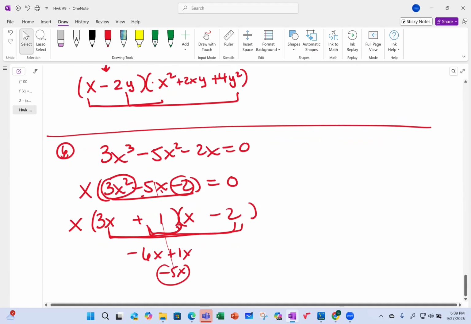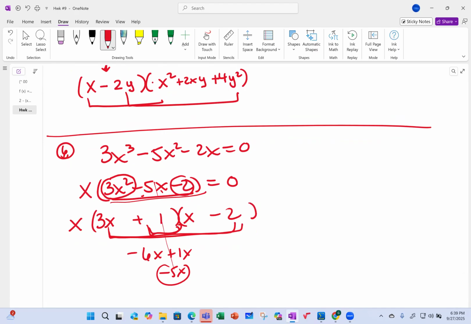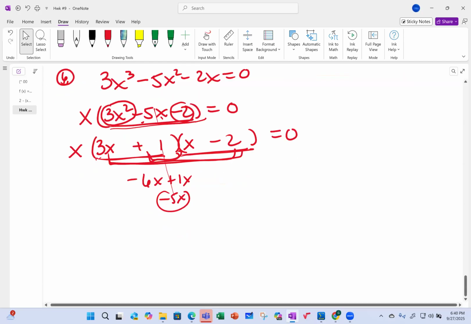Now remember, you're rewriting this trinomial as a product. And that's what it means to factor, to rewrite something as a product. So we figured out that this times this gives me that. Now I'm just going to set each of these factors equal to 0.